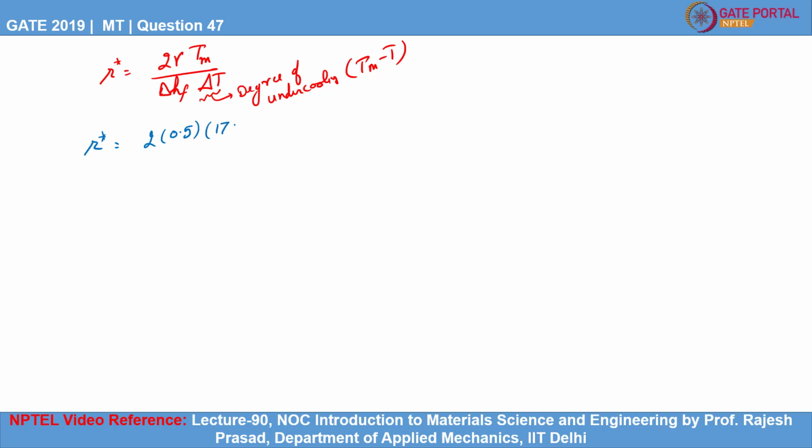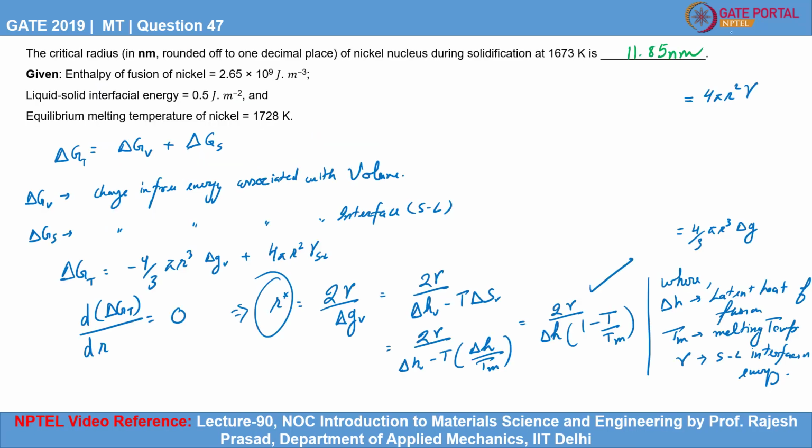Melting temperature is given to be 1728 Kelvin. Delta Hf, that is the latent heat of fusion, it is given to be 2.65 into 10 raised to power 9. Degree of undercooling, it is 1728 minus 1673. Upon solving this equation, we will get the value of 11.85 nanometer. The critical radius of nickel nucleus during solidification at 1673 Kelvin is 11.85 nanometer.